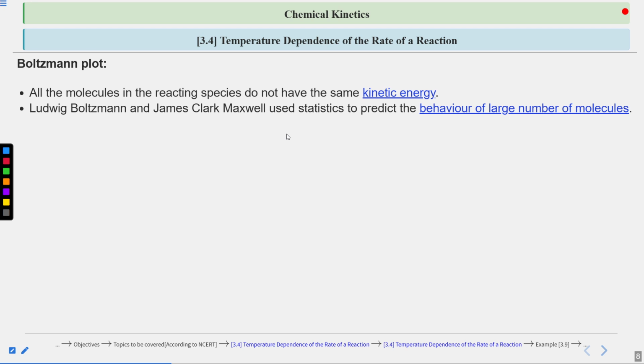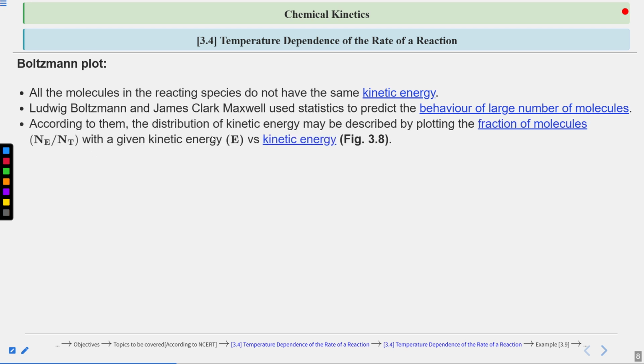According to them, the distribution of kinetic energy may be described by plotting the fraction of molecules with a given kinetic energy versus kinetic energy. So, according to them, this is how you check the kinetic energy for the reacting species.